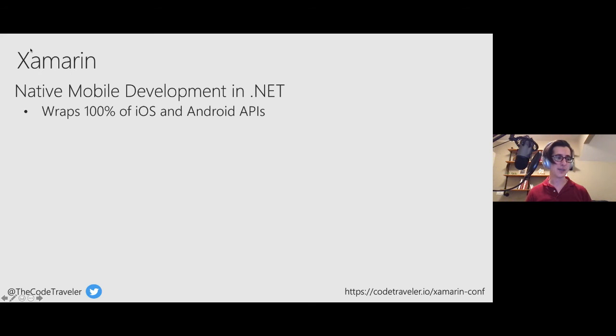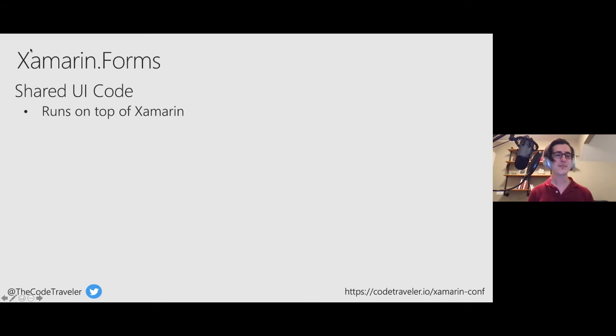So if you're familiar with iOS and Android development, because maybe you've made an app in Swift or Java or Kotlin or Objective-C, it's going to feel very familiar to you coming to Xamarin because it's the same exact APIs. Xamarin Forms is a UI framework that runs on top of Xamarin, and that allows us to share our UI code across iOS, Android, and Windows.